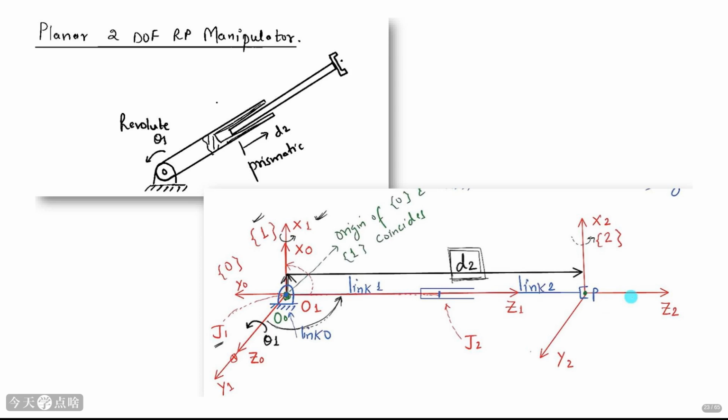For joint 1, theta 1 is variable, d1 equals 0, a1 equals L1, and alpha 1 equals 90 degrees, because the z-axis of frame 1 is perpendicular to the z-axis of frame 0. For joint 2, theta 2 equals 0, d2 is variable, a2 equals 0, and alpha 2 equals 0. The difference in alpha values reflects the change in the orientation of the joint axes. We'll use these parameters to derive the transformation matrices.